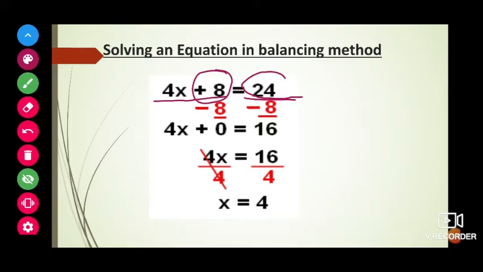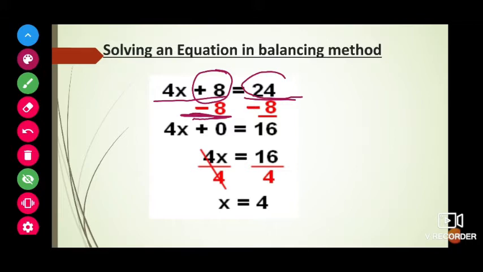So I want to remove plus 8. If I do minus 8, then plus 8 will get cancelled, no? So I will do minus 8 on the left hand side.